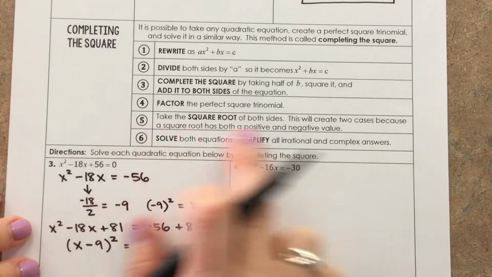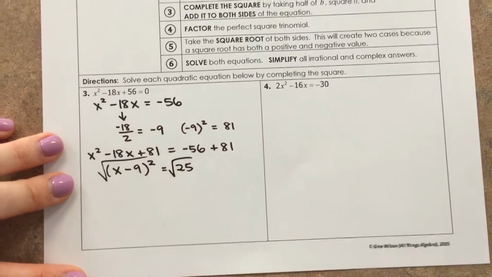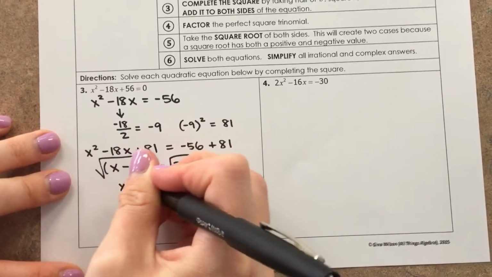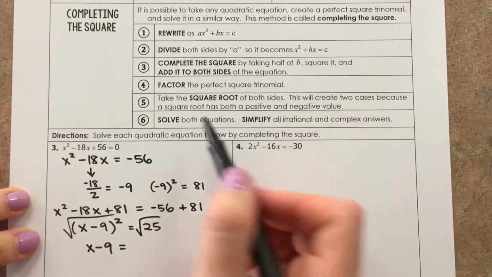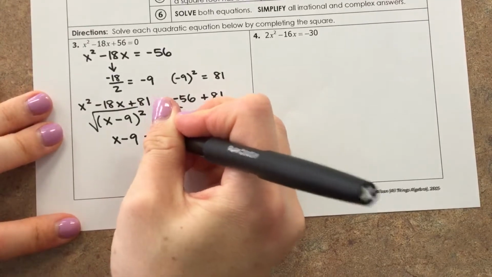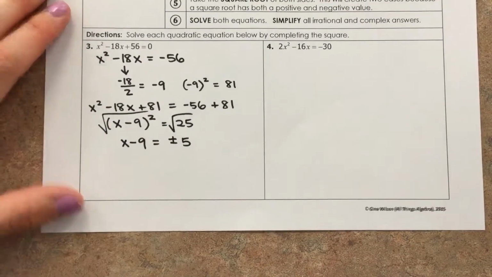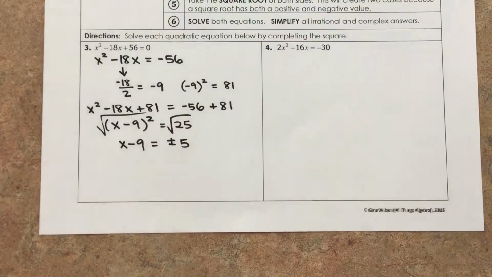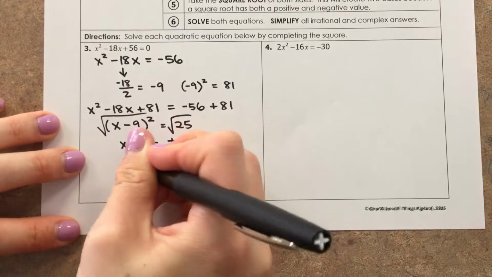So step 5, take the square root of both sides. Square root, square root. The left-hand side is now just an x minus 9. And a little reminder here, this will create two cases, because the square root has a positive and a negative value. So the square root of 25 comes out evenly, but don't forget your plus or minus. And solve both equations. There's going to be two equations here because I have a plus or minus. So let's add the 9 to the other side.